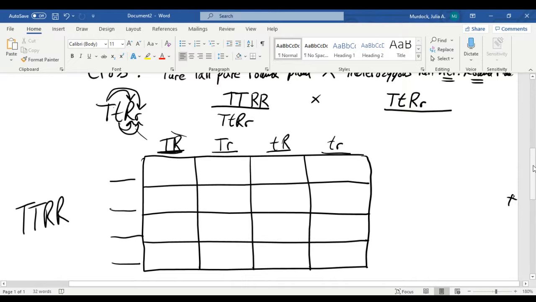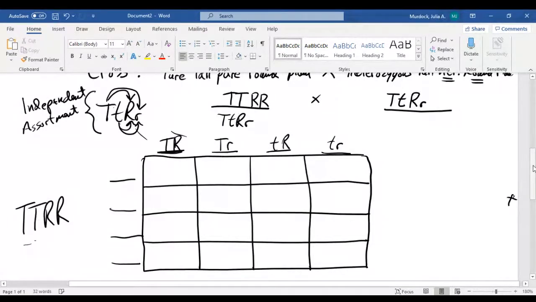I have combined every type of T with every type of R to make 4 different types of gametes that came from this parent. And this right here is independent assortment. I have independently assorted each type of height allele with each type of seed coat allele to make these 4 different types of gametes.